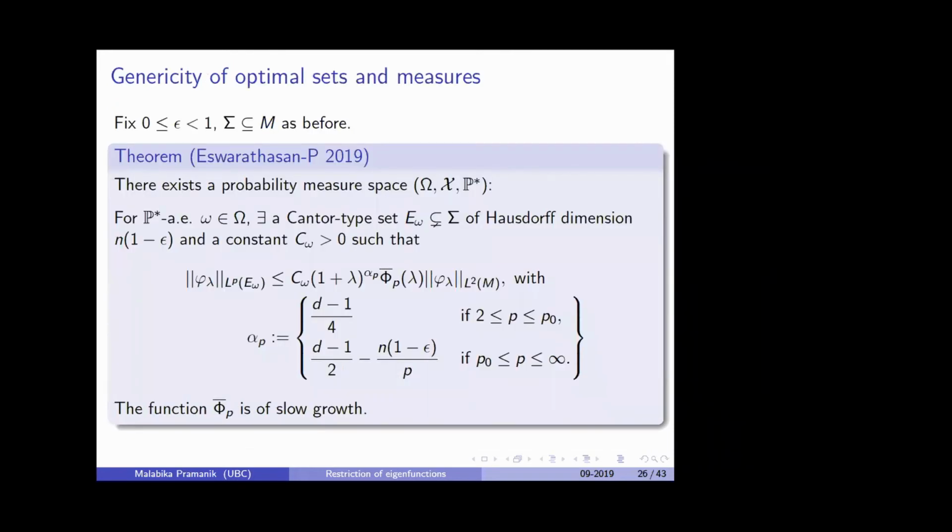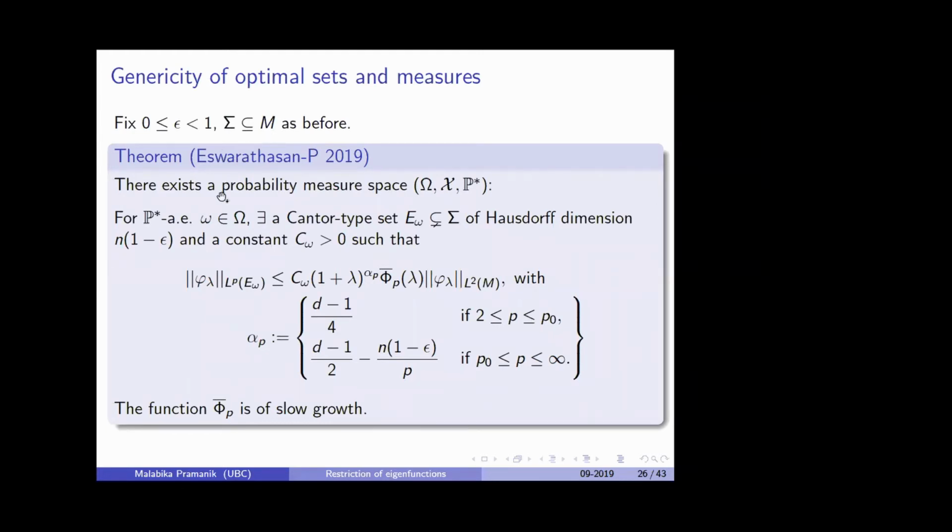This slide provides an affirmative answer to that question, but not for all sets E, only for generic sets E. Once again, start with a small epsilon. Sigma is a submanifold of M as before.